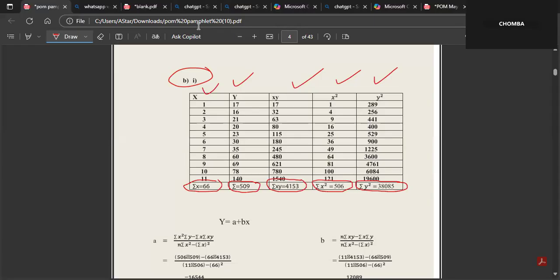Summation of y is 509. Summation of xy is 4153. Summation of x square is 506. Summation of y square is 38085.